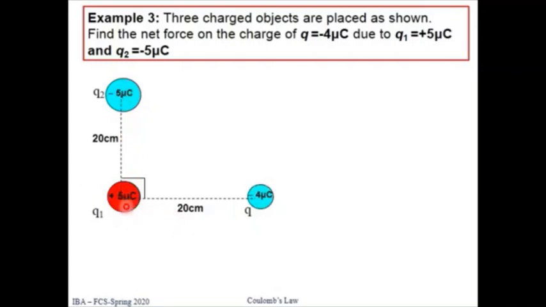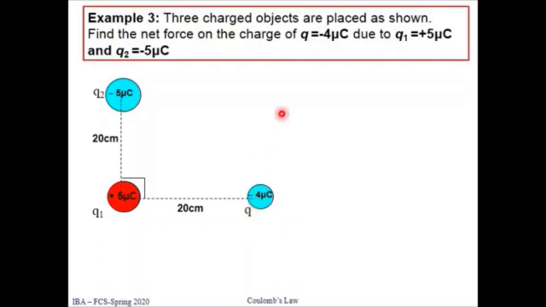Plus 5 microcoulomb is placed at the origin. Minus 5 microcoulomb is placed on the vertical axis, 20 centimeter from the origin, and minus 4 microcoulomb is 20 centimeter from the origin on the x-axis.